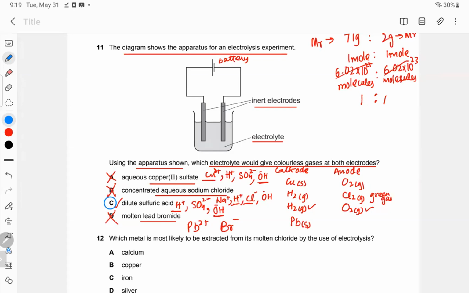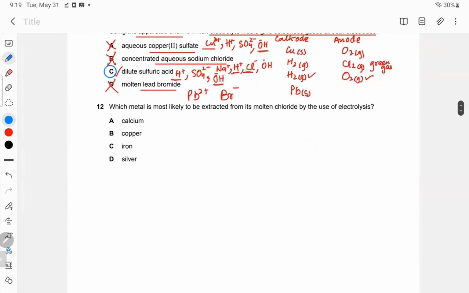Okay. Now question number 12. Which metal is most likely to be extracted from its molten chloride by using electrolysis?